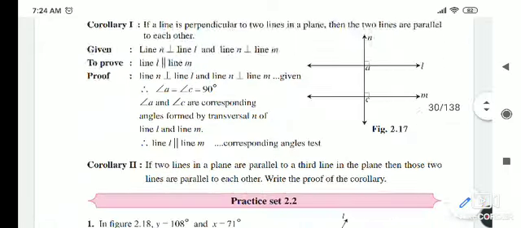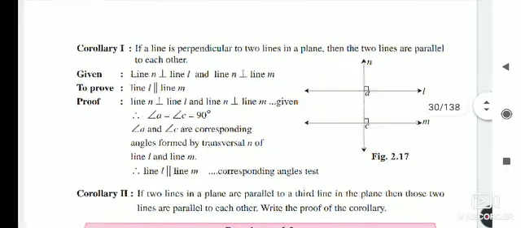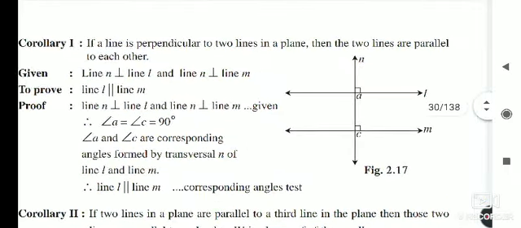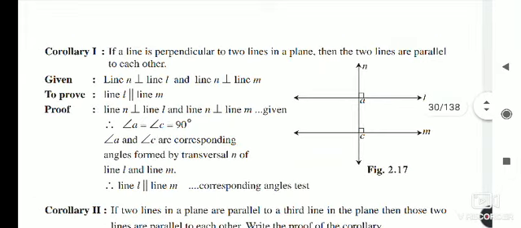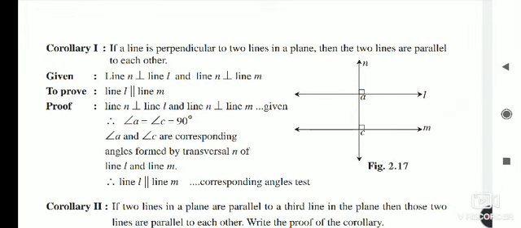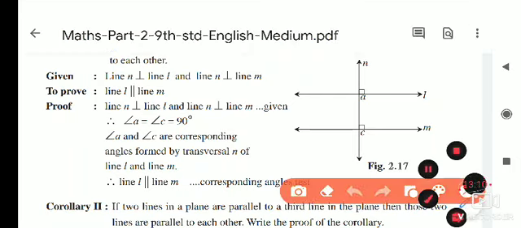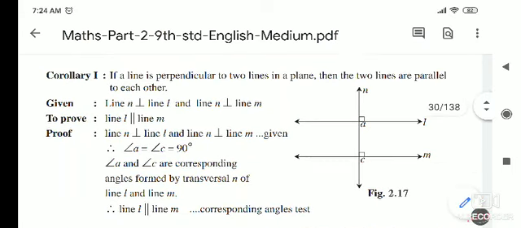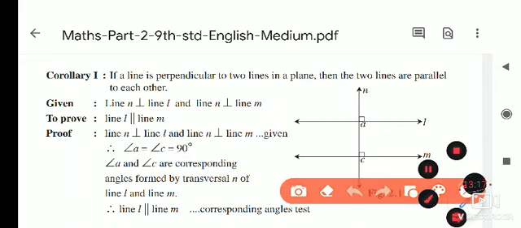Okay, now moving towards the next part, here it is a corollary of parallel lines. If a line in a plane is perpendicular to two lines, here the lines L and M, then the two lines are parallel to each other.